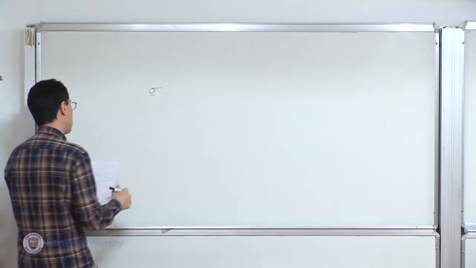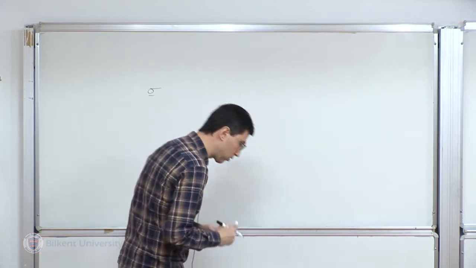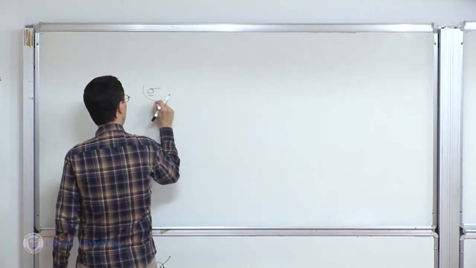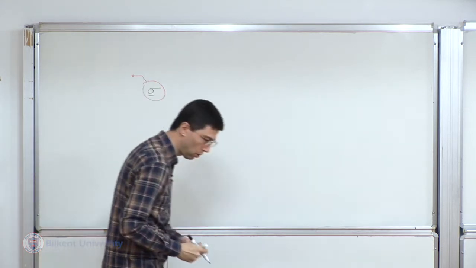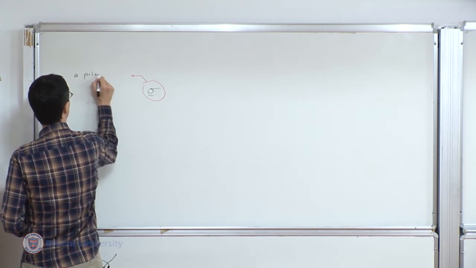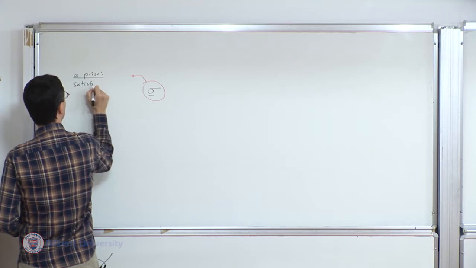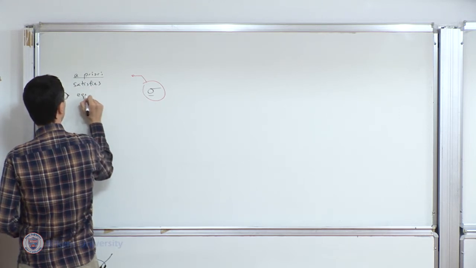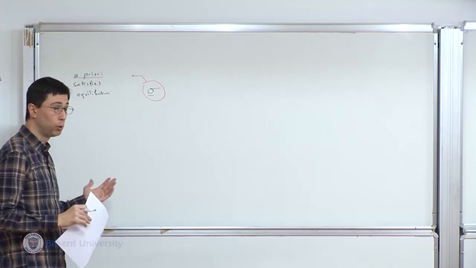The idea is that in order to work with this concept, we would like to make sure from the outset, a priori, that the stress satisfies equilibrium. So we're not going to worry about equilibrium.